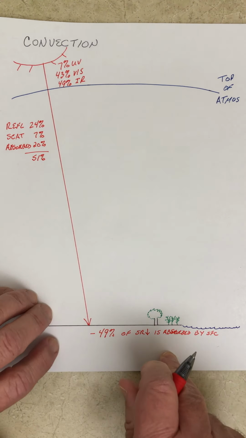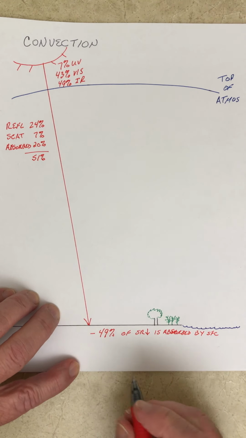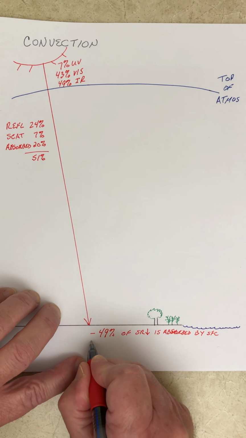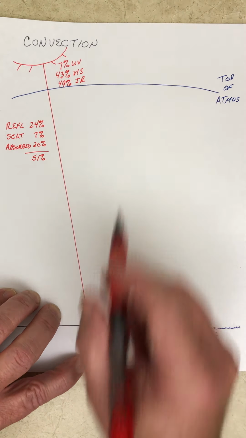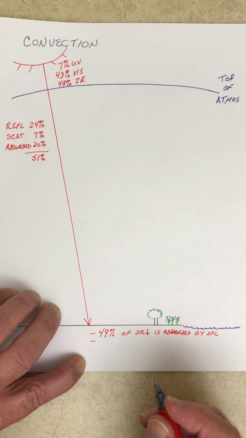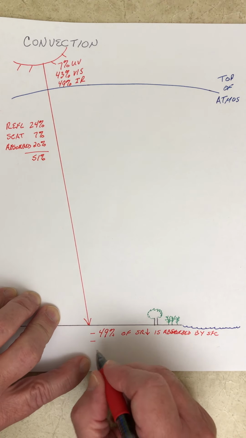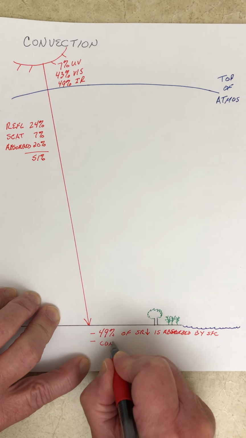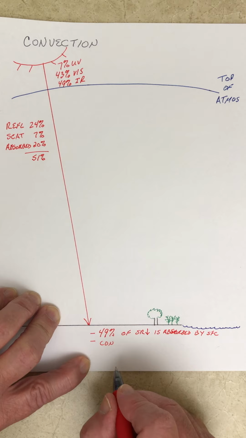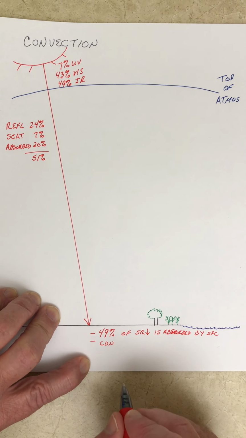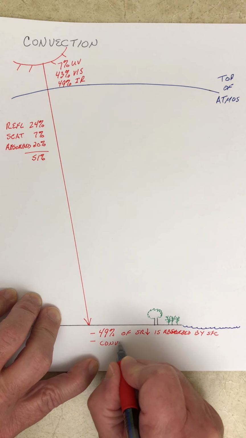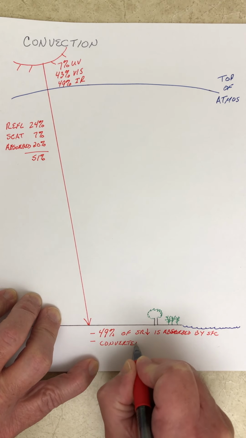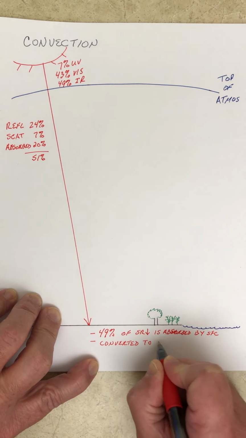Okay, and we learned that whenever any object, the Earth's surface, absorbs any form of radiation, whatever ultraviolet, visible, or infrared radiation is left over, this is going to be converted to heat energy. So that 49% of incoming solar radiation that's absorbed by the surface is converted to heat.